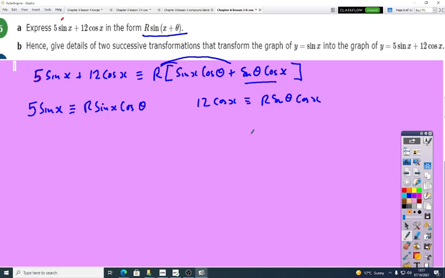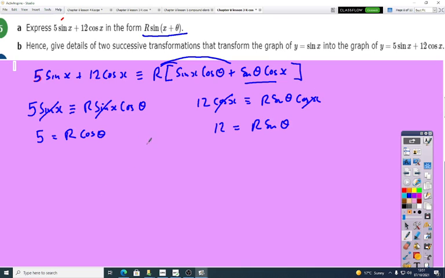Now I'm going to cancel out the sines, so I know that 5 is equal to r cos theta, and on this side I'm going to cancel all the cosines, x is out, and I'm going to get 12 equals r sine theta.